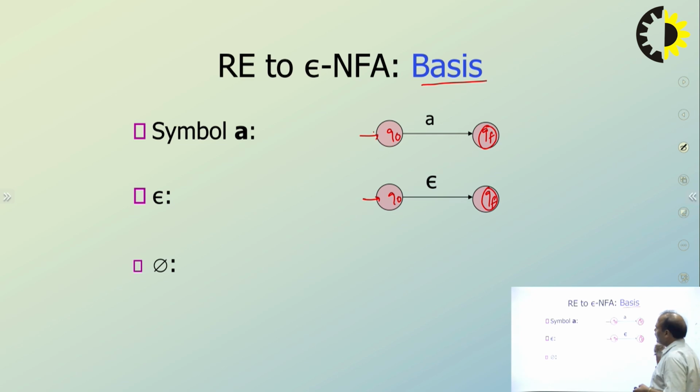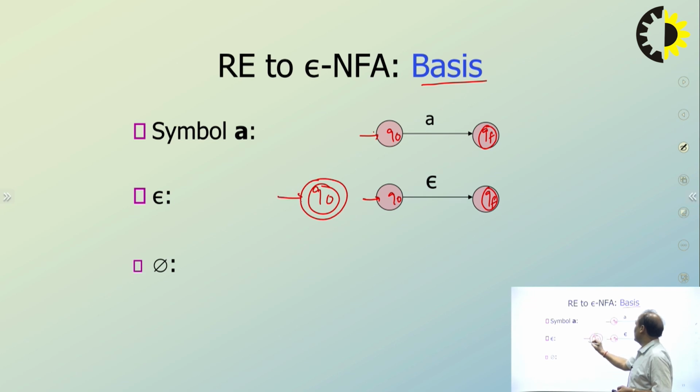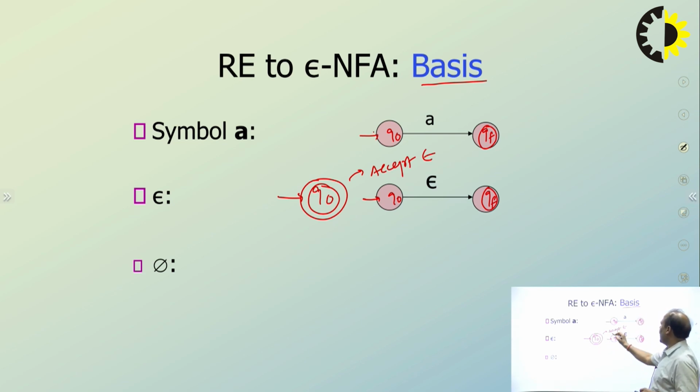There is another way to accept epsilon. You can just make the starting state and the final state the same thing. This will automatically accept epsilon.